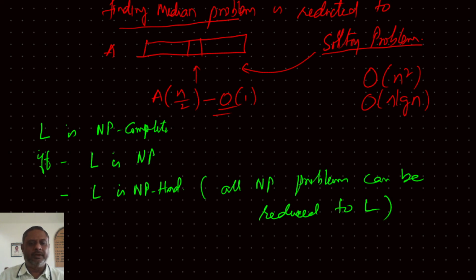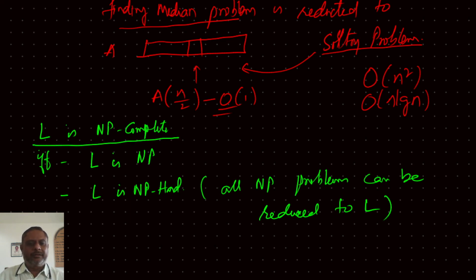That means it can be verified in polynomial time, and it is harder than all the problems in the NP range. So that's NP complete.